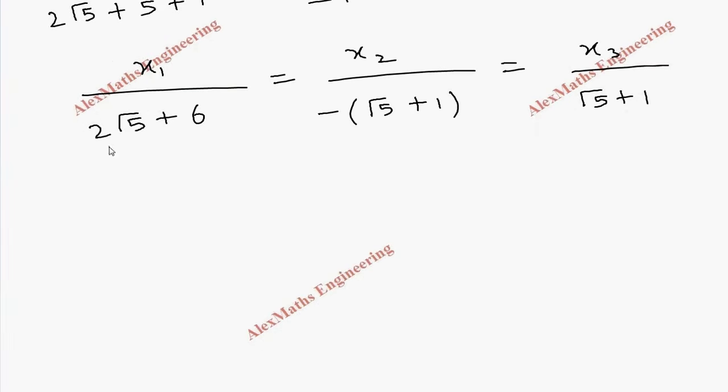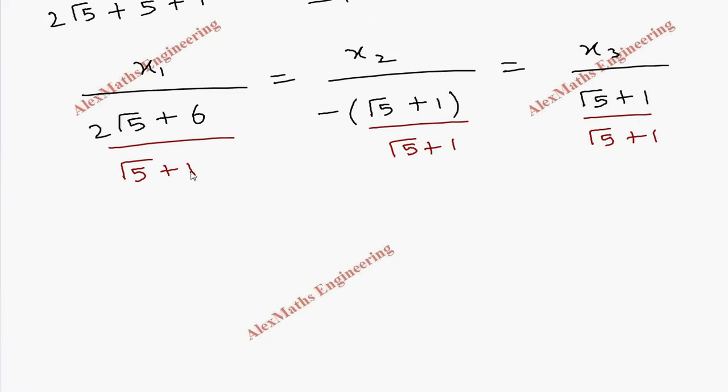So we are going to divide every term by root 5 plus 1. So when I divide, in the first part we have to multiply by its conjugate, which is root 5 minus 1, and even here I have to multiply by root 5 minus 1. And in the second part and third part we can cancel.